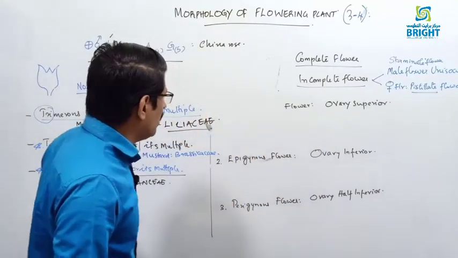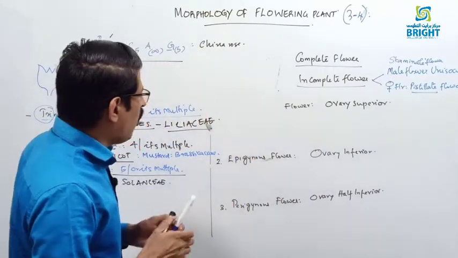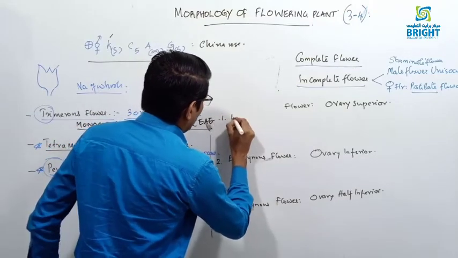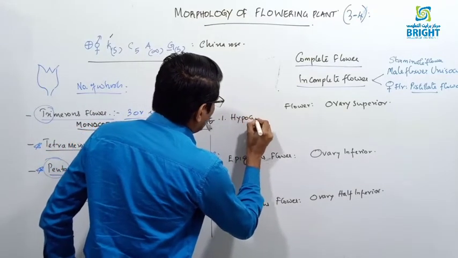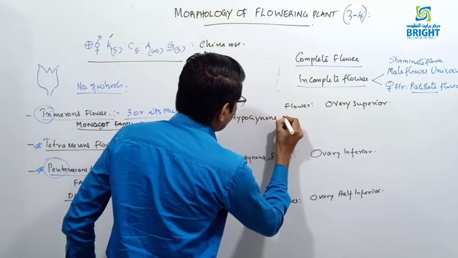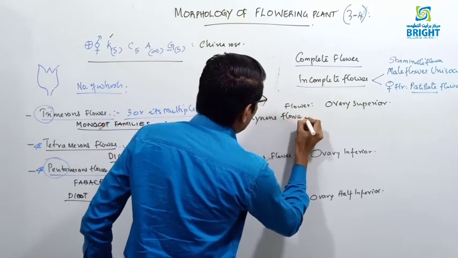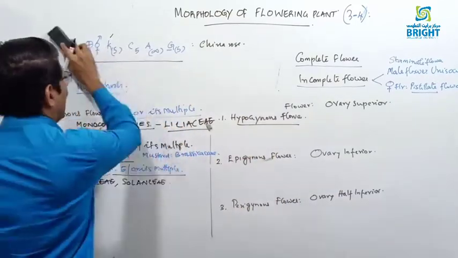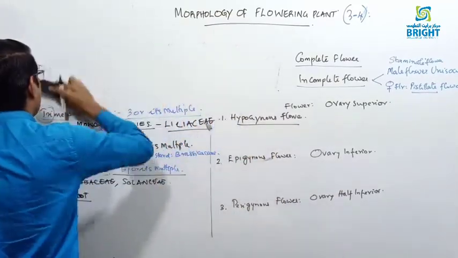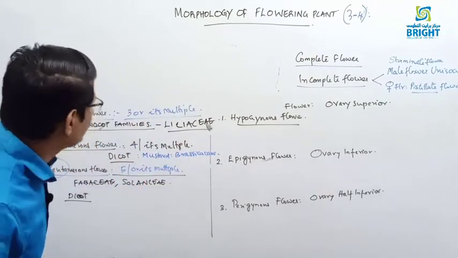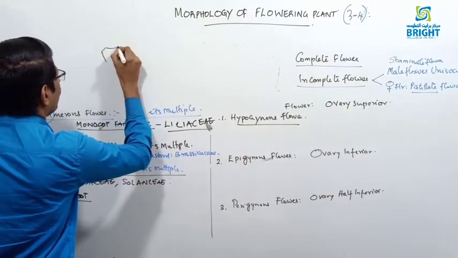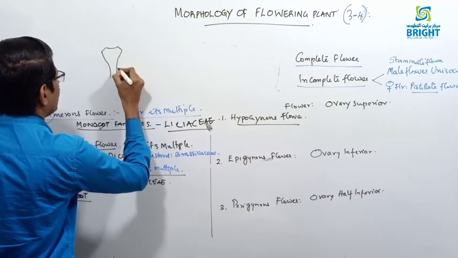Next, on the basis of the position of the ovary, the flower can be divided into three different types. One is hypogynous flower. In a hypogynous flower, this is the thalamus, and this is the pedicel or the stalk.